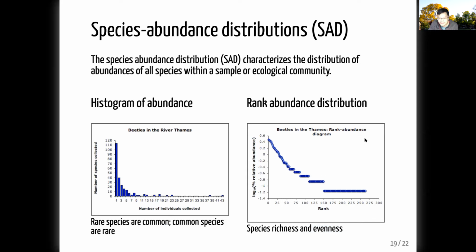It's an evenly distributed community, and therefore how steep this curve is can tell us about evenness, that is how even the species abundances are. Okay, so these are two primary ways to visualize species abundance distributions.